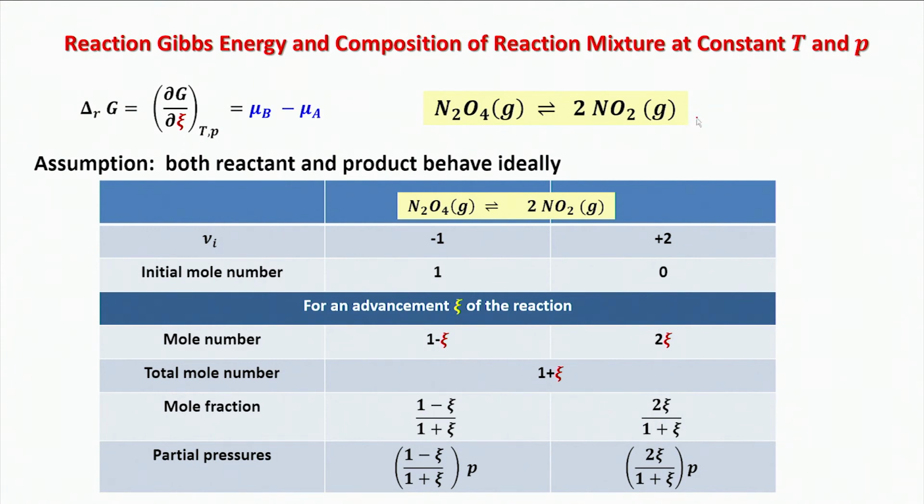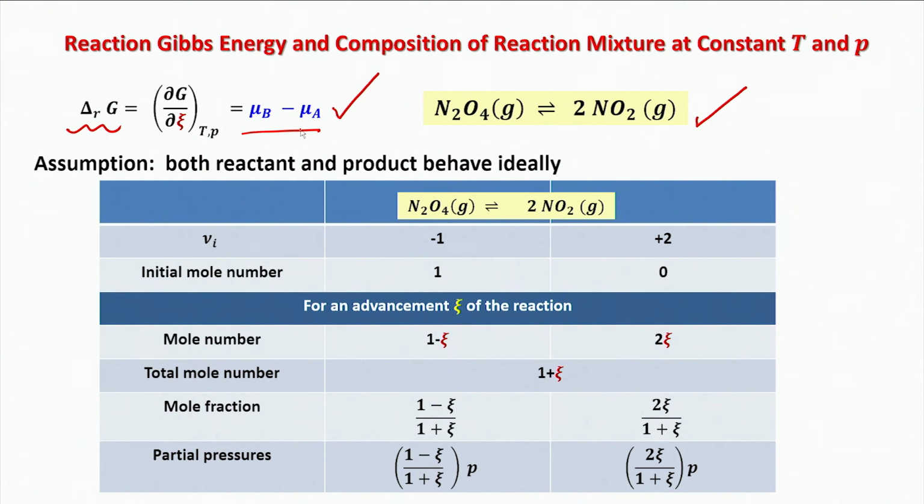So this is the reaction that I am following, and I know that in general thermodynamics tells me that I will know if the forward reaction is spontaneous under the given condition or the reverse reaction is spontaneous if I know the sign of ΔrG, where ΔrG is nothing but ∂G/∂ξ at constant T and p, and this is related to μB minus μA. Here B is NO2 and A is N2O4.